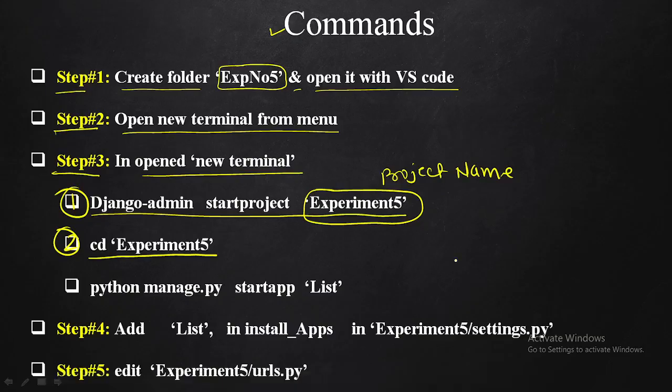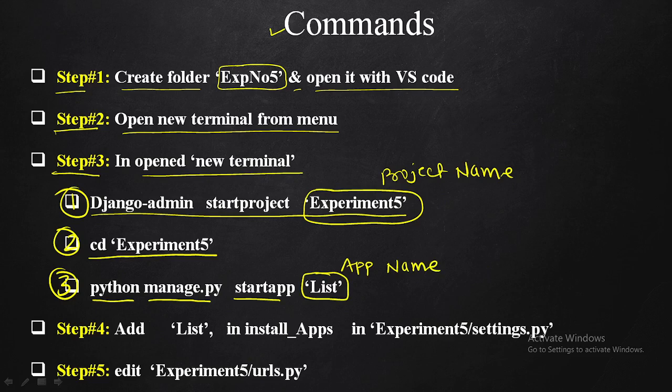Third is python manage.py startapp list. This is the app name. So the name of the project is experiment 5 and the name of the app is list.